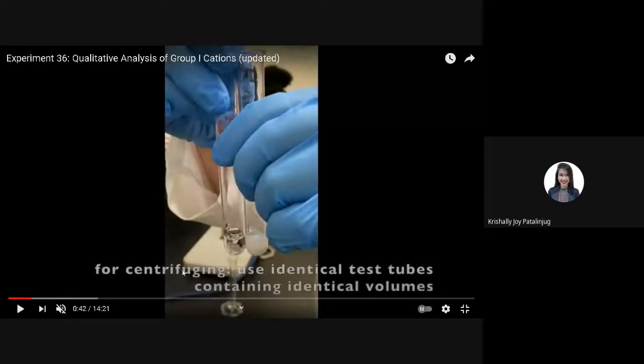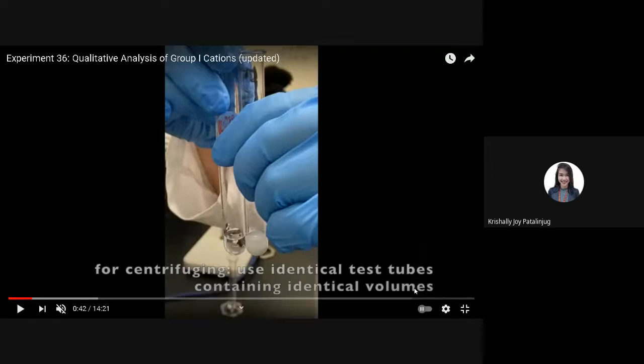Take note that whenever there is turbidity or cloudy formation in a solution, that is an indicator that a precipitate is formed. I repeat, when a cloudy appearance or turbidity forms in the test tube, a precipitate is formed. And just like our experiment last meeting, when we separate the filtrate from the precipitate, we use centrifuging, with the equipment centrifuge.